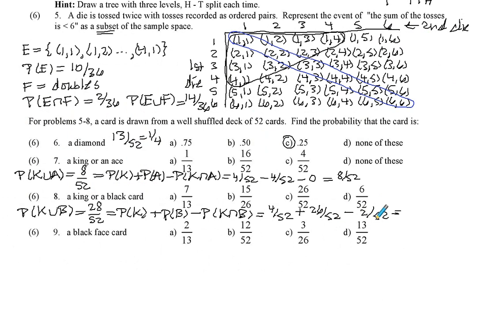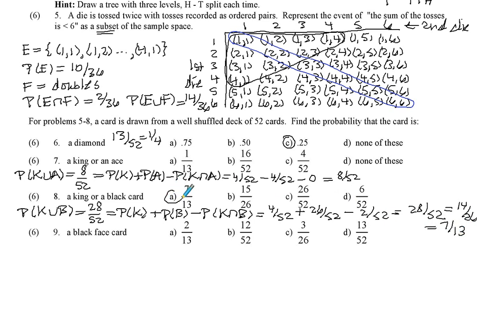So we've got a common denominator here. Just add our numerators. 4 plus 26 is 30, minus 2 is 28 out of 52. So either way, we get that same 28 out of 52. And some of these can be reduced. If we divide top and bottom by 2, that's 14 out of 26, which is also 7 out of 13.